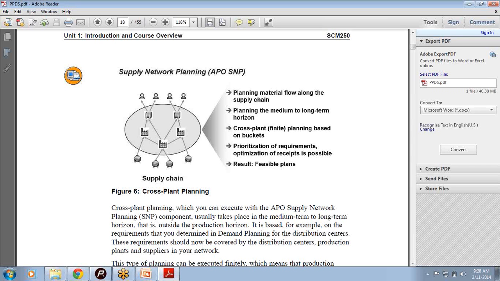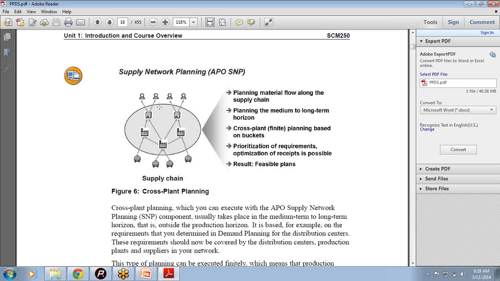When these factories supply something manufactured inside them to these distribution centers, it becomes STR, or stock transport requisition. And when these distribution centers supply to customers, this is also STR only, stock transport requisition.